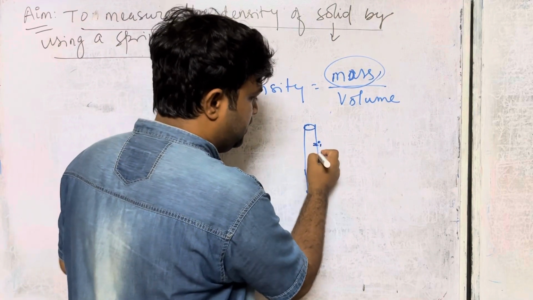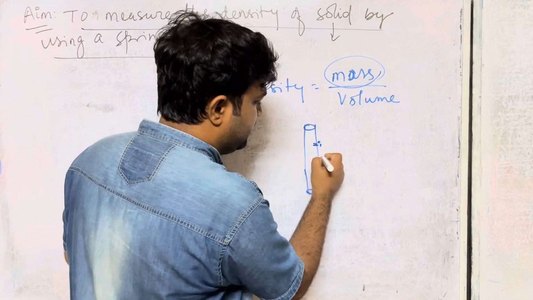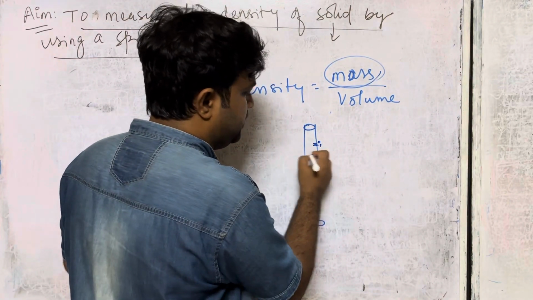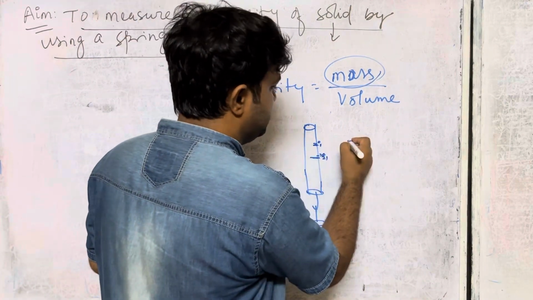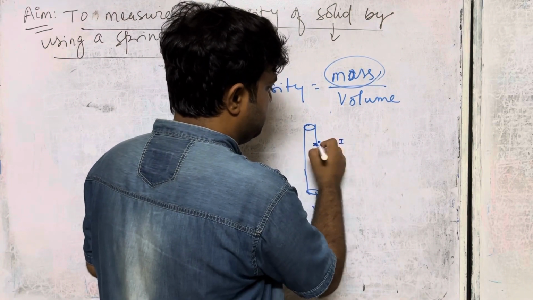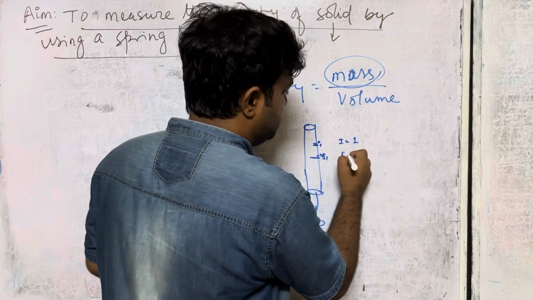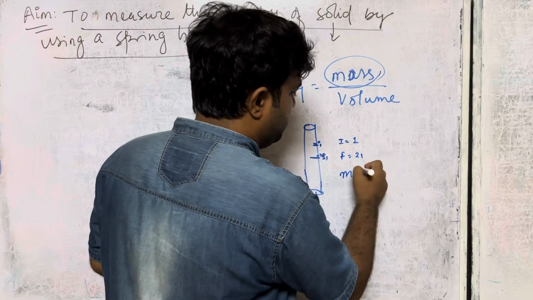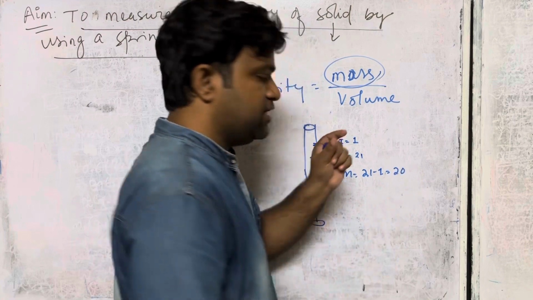When I put the mass, the final reading it gave was 21. So my initial reading is 1 and the final reading is 21. The difference is my mass: 21 minus 1, that is 20.